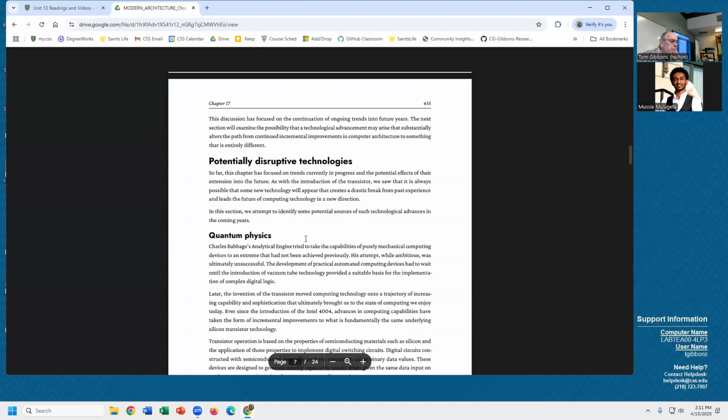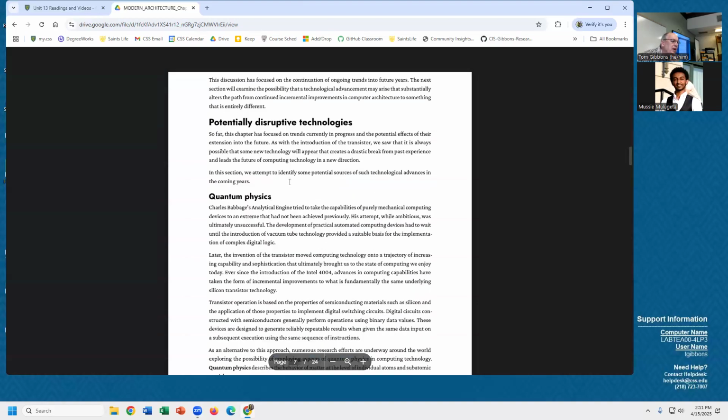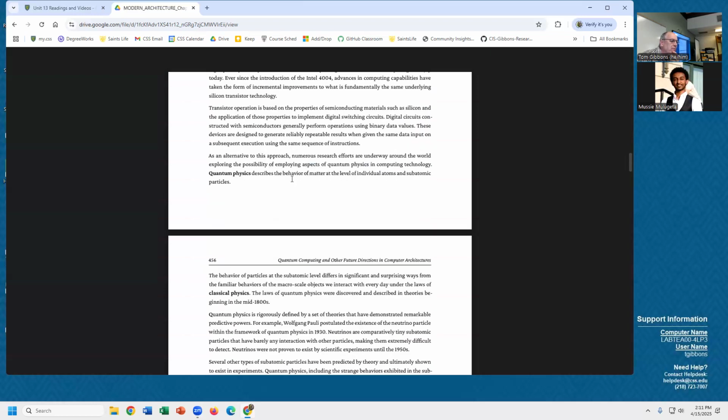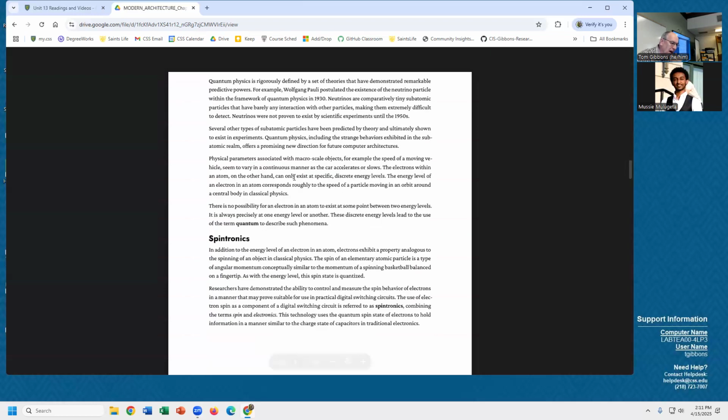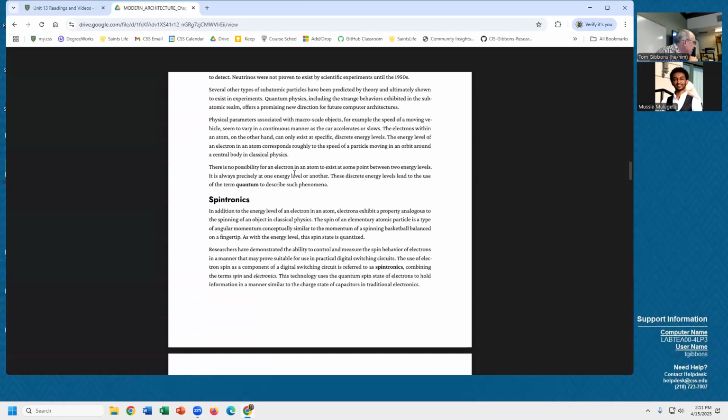And then we talk about some disruptive technologies, and one of them is quantum computing. We're not going to get into quantum physics very much, but quantum physics is a very complicated way of looking at the world, as opposed to classical mechanics, in which we see matter as an atom with protons and neutrons moving around it.